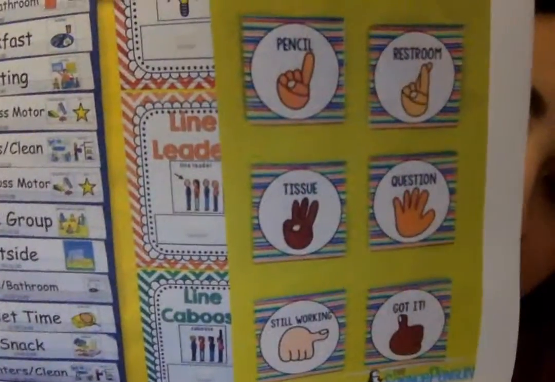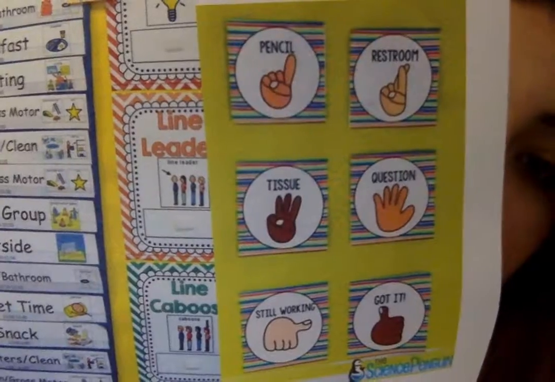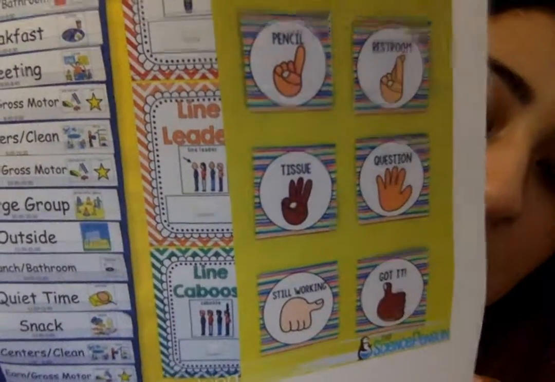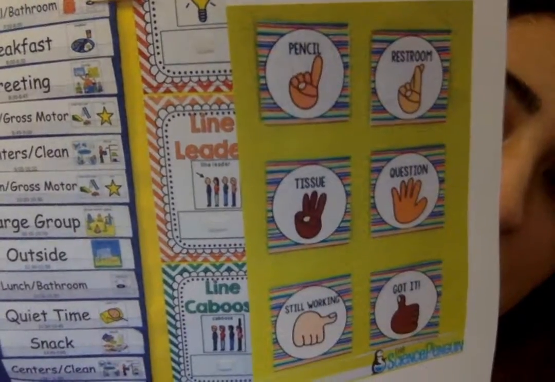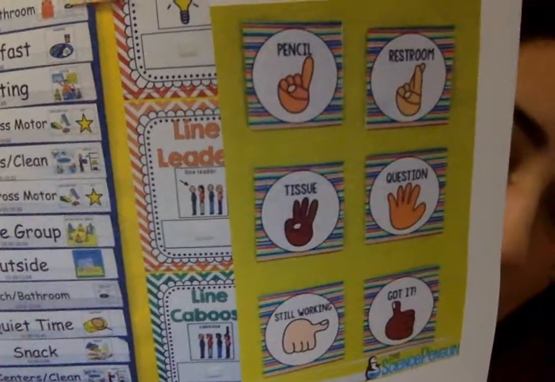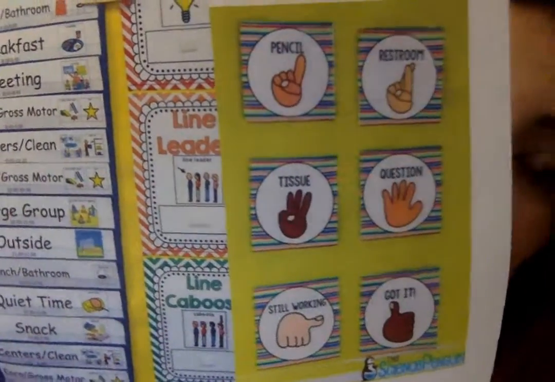And this here is just an example of signals that we can place in our classroom, so they know what to do when they need to go to the restroom, when they need a tissue, when they need a pencil, when they need more help, etc.